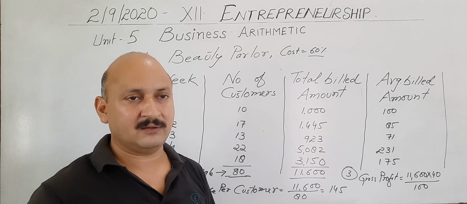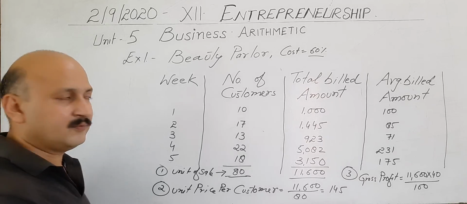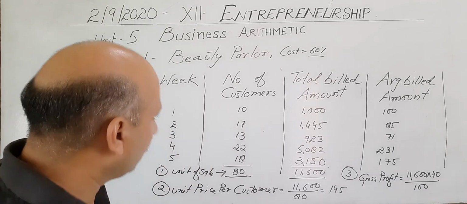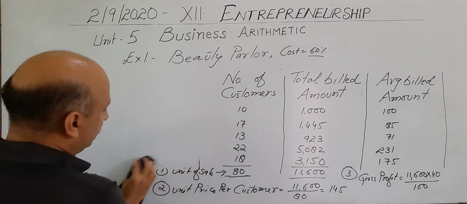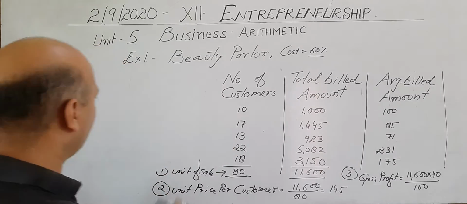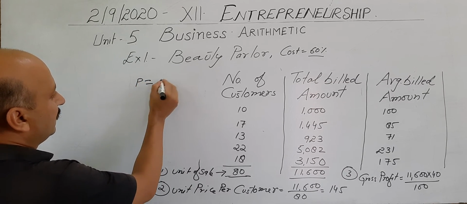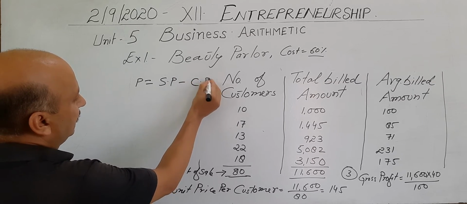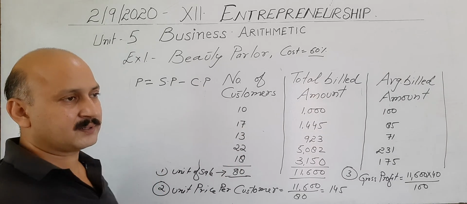So I want to tell you something. Like earlier, we were calculating the profit in this manner, profit equals SP minus CP, or selling price minus cost price.